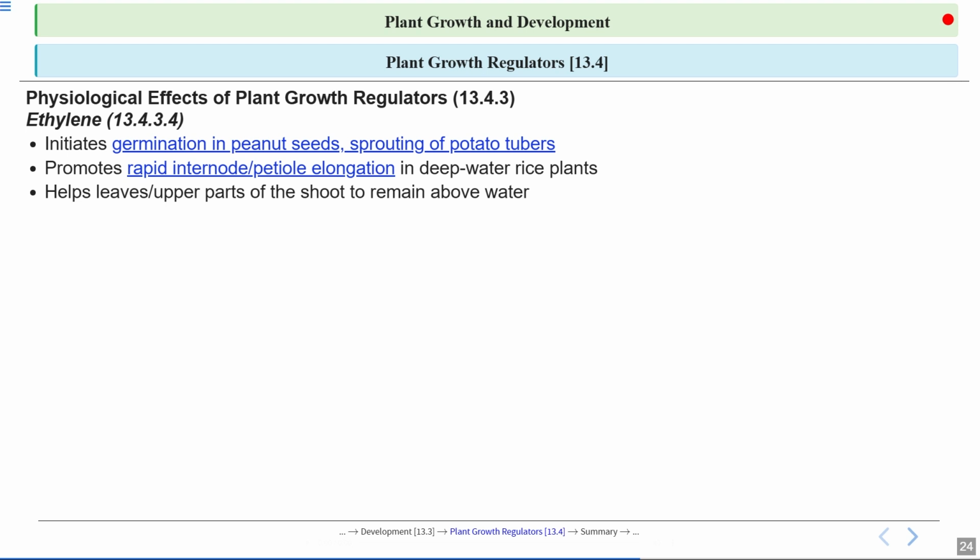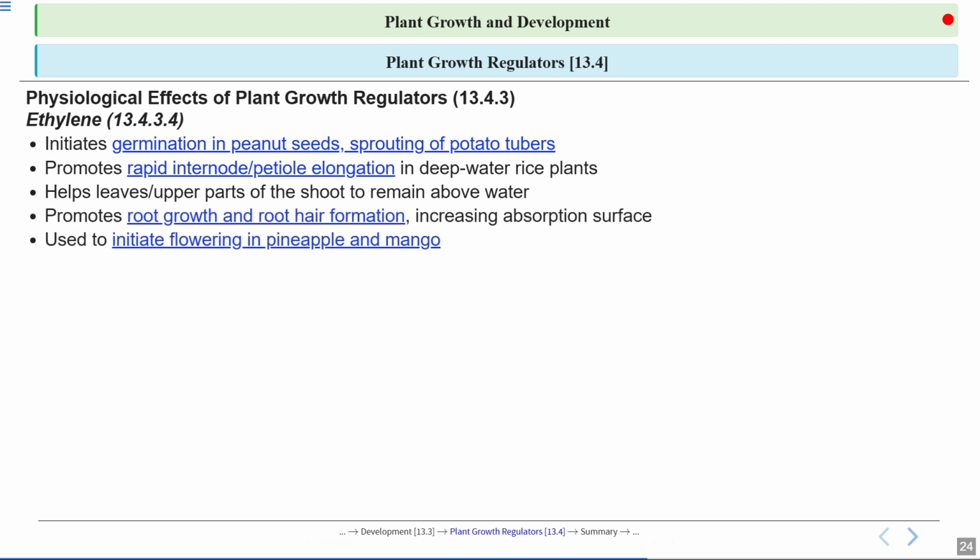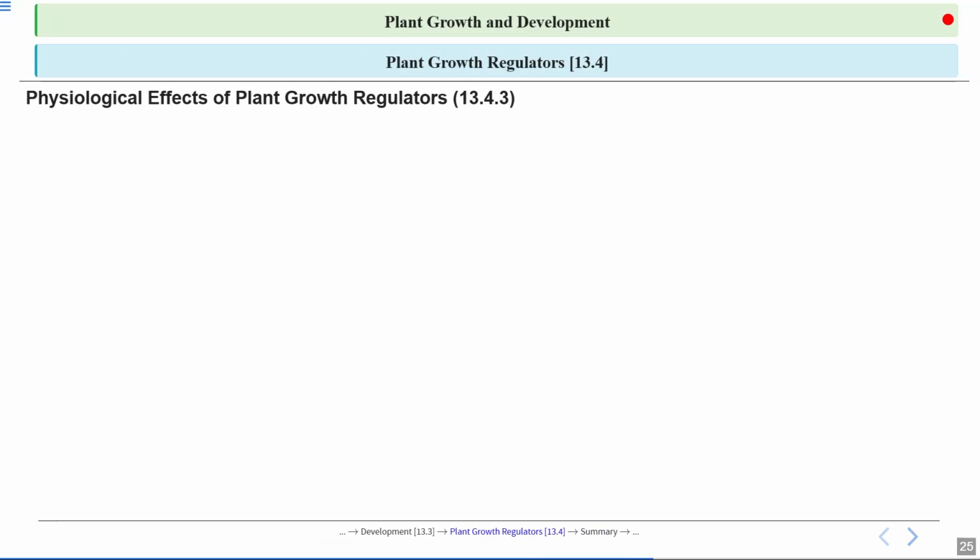It promotes root growth and root hair formation. It is used to initiate flowering in pineapple and mango. See, this is helping in flowering for pineapple and mango, right? Ethephon is chemically available in the market as well.